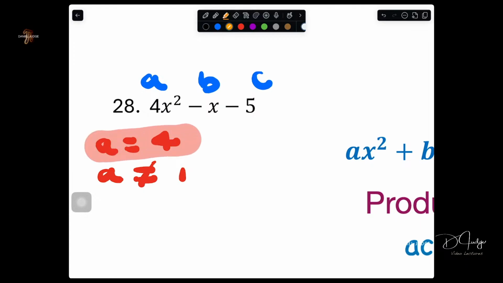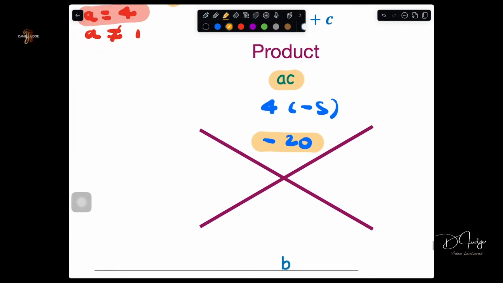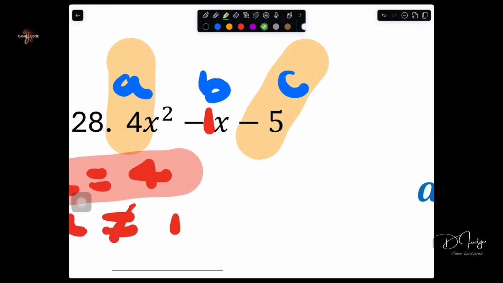So we have to take 4 times negative 5, which is negative 20. A times C, negative 20. The sum here is the B value. The sum is negative 1.